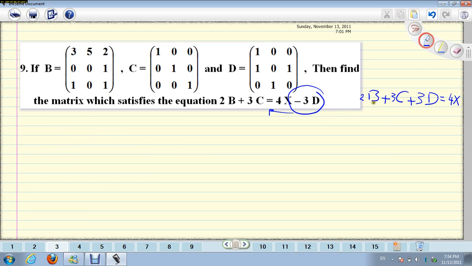I'm gonna multiply 2 by B and add it to 3C plus 3D. So 4X equals, I'm gonna make it in one step.